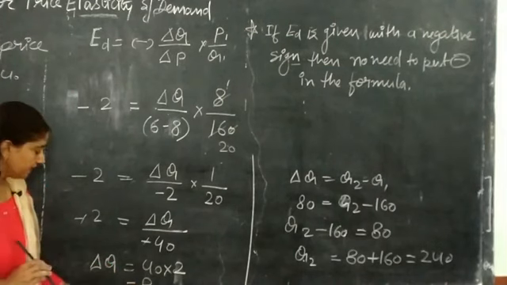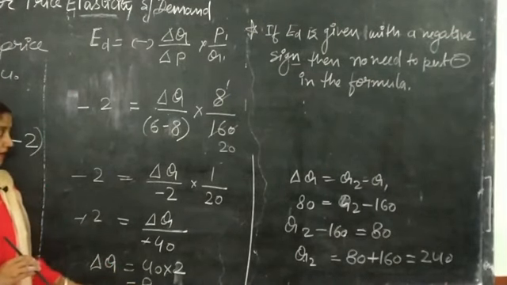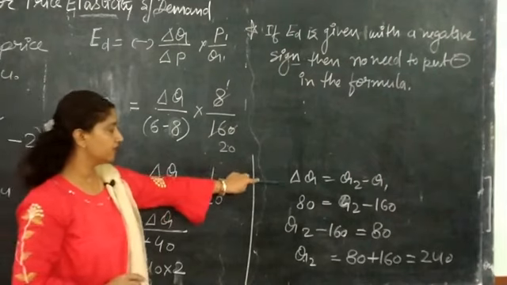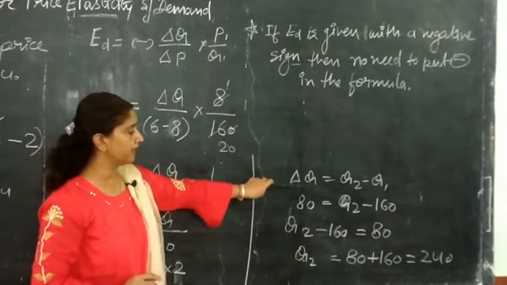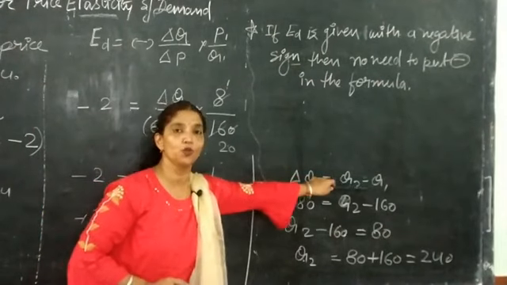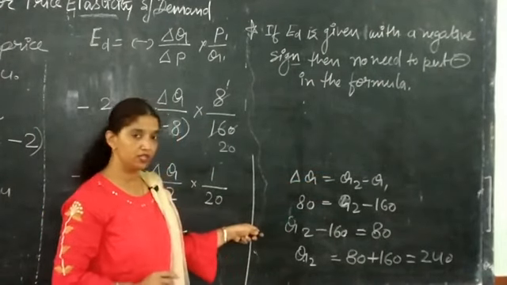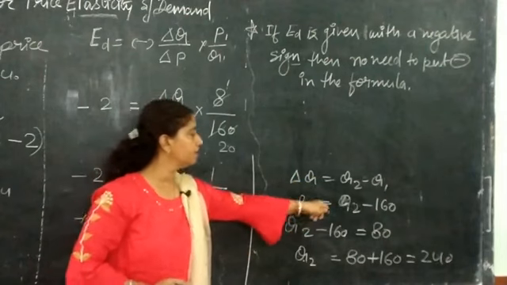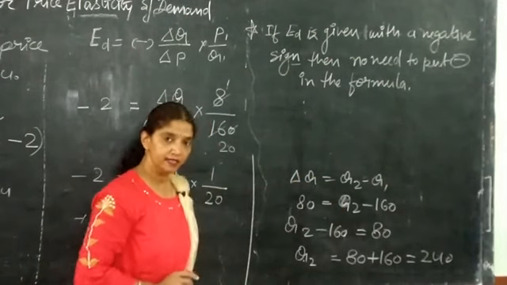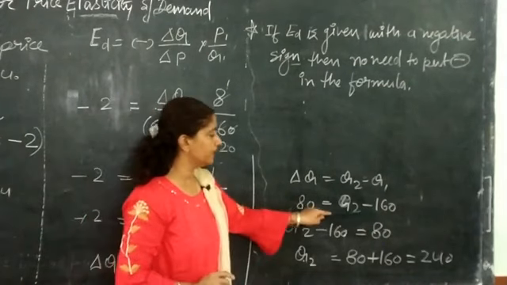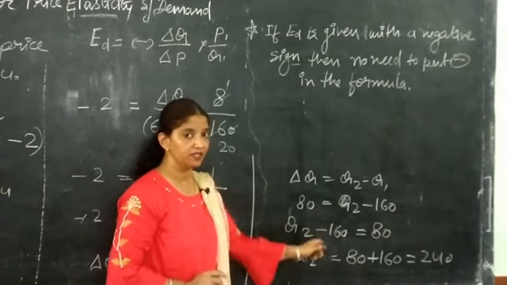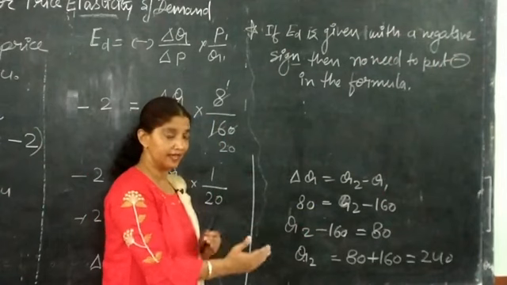Here we are getting the change in quantity demanded. So we will write the formula of change in quantity demanded. Delta Q is equal to Q2 minus Q1, and delta Q is 80, Q2 is not mentioned, minus Q1 is 160. 80 equals Q2 minus 160. We will rewrite this equation by changing sides.